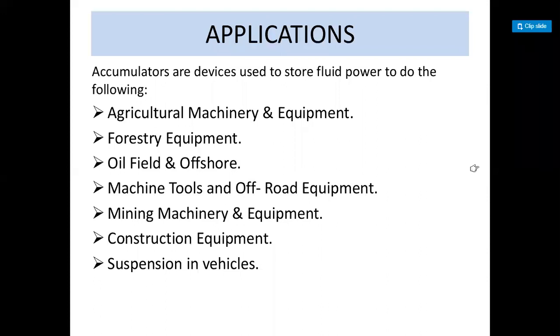Then next, the automobile industry, to operate power steering, brakes and suspension systems and also hydrostatic transmission systems. In automobile systems there are different vehicles, and we are using different types of hydraulics.